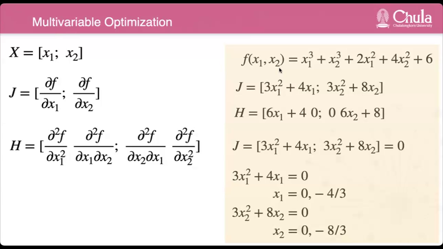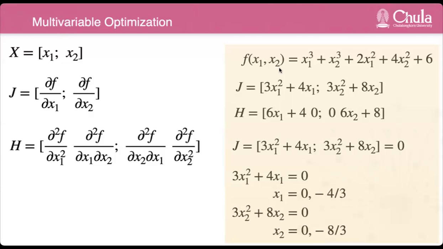The element in the first row, second column is the second order derivative of f with respect to x1 and x2.